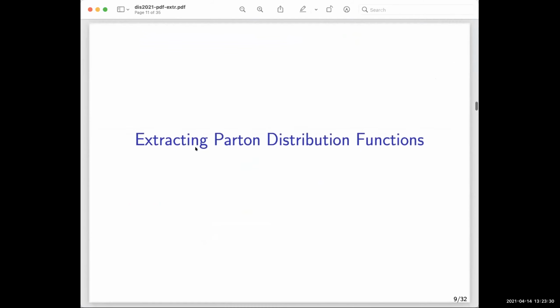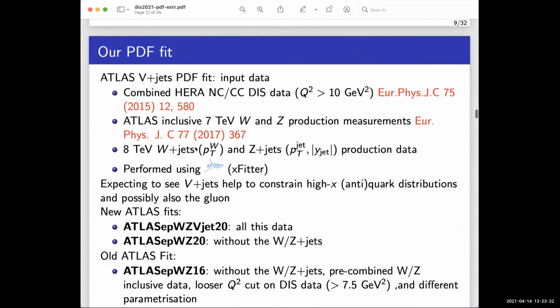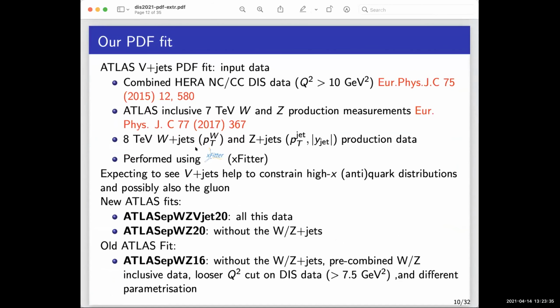Okay, so how do we do that? Our fit is taking, as I said earlier, the combined HERA data with a Q squared above 10 GeV squared, and then the ATLAS inclusive 7 TeV W and Z production measurements, and also the 8 TeV vector boson plus jets data sets that I already mentioned, and particularly using the pT W distribution for W plus jets and double differential pT jet rapidity jet cross sections for Z plus jets.